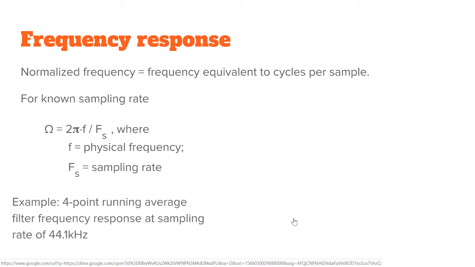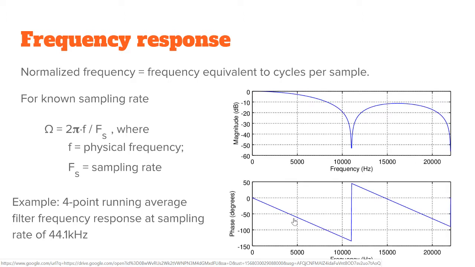Okay, so again, the 4-point running average filter frequency response at a sampling rate of 44.1 kilohertz. Okay, there you go. The Nyquist rate is there at 22,050 hertz, and we have the notch there. Good. That's the highest frequency.